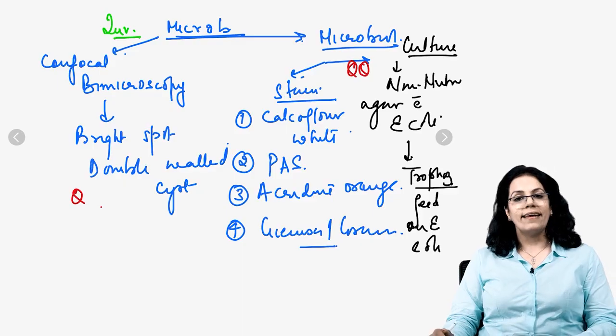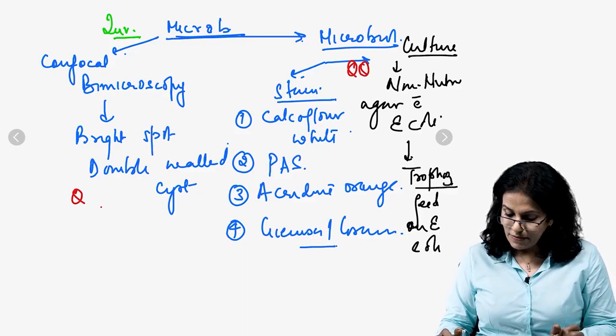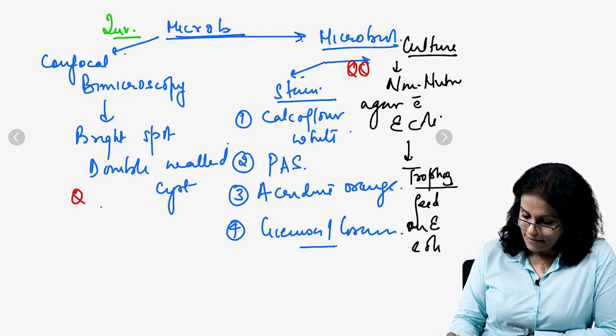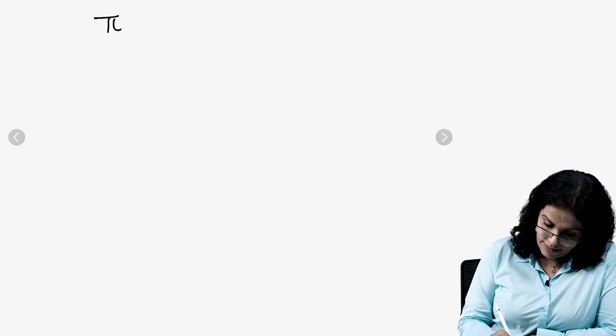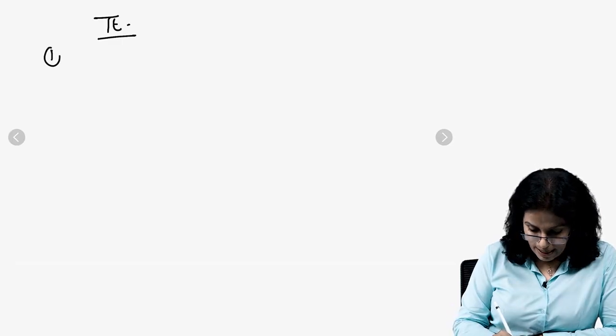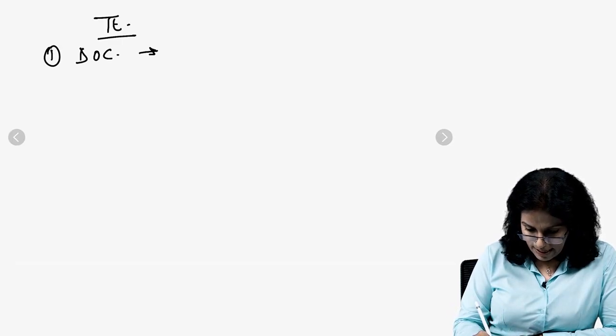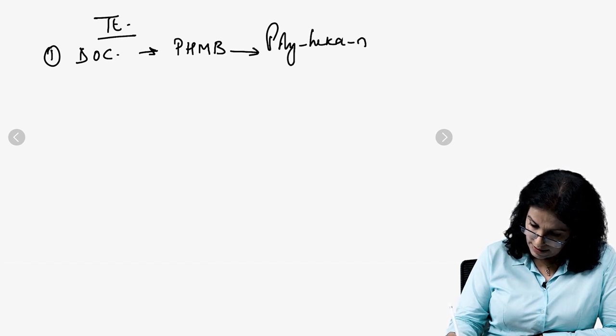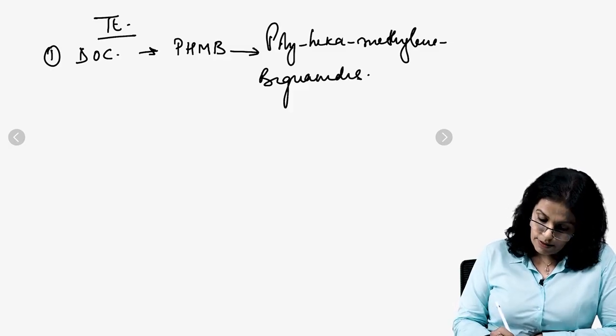Right. What next? After this, we talk about treatment of acanthamoeba keratitis. Give the heading treatment. What is the drug of choice has been your exam question, and what should be your answer? PHMB. What is PHMB? It stands for polyhexamethylene biguanide. Apart from that, what else?